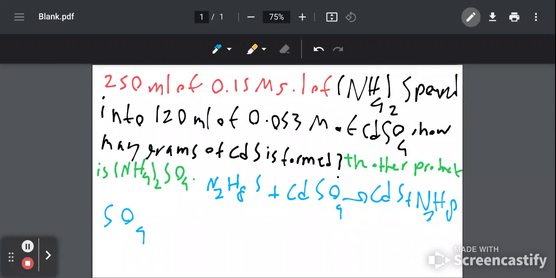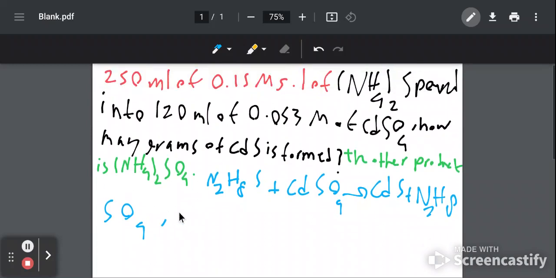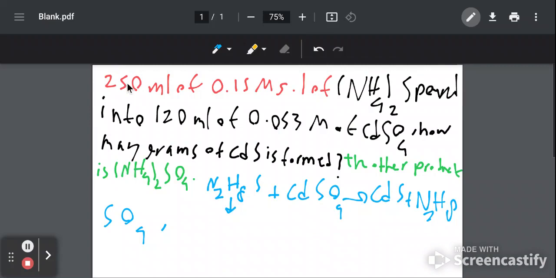I'm going to skip the detailed calculation, but we can show that the number of moles of N2H8S is given by the volume, 250 milliliters, times the molarity, 0.15, divided by 1,000 because we want it in liters and not milliliters.